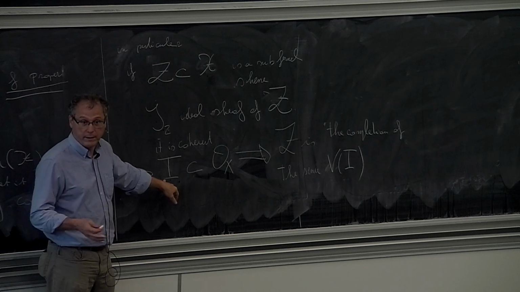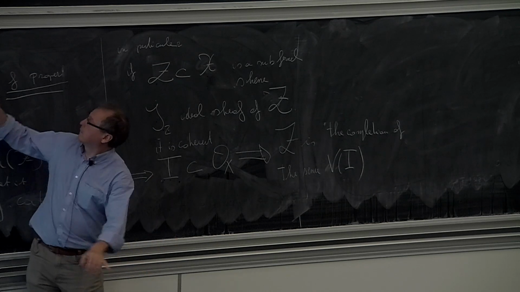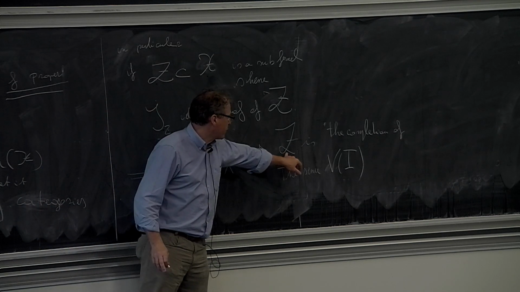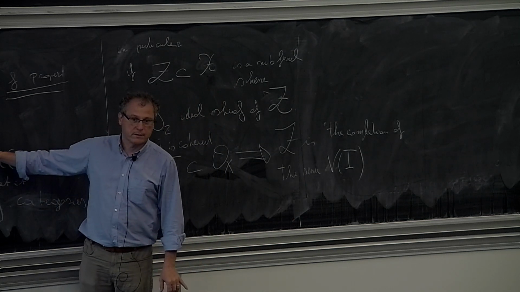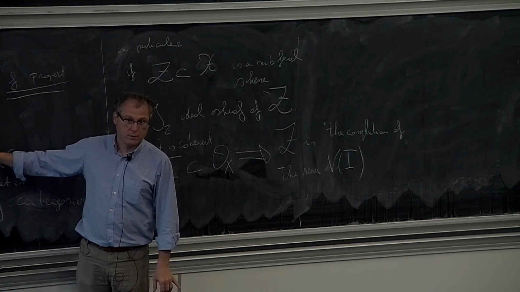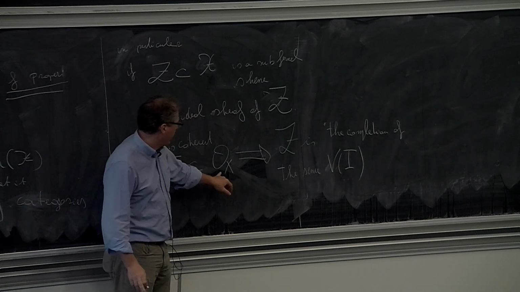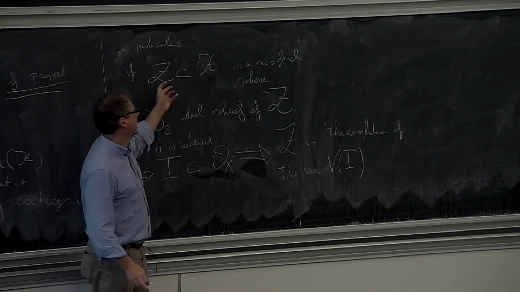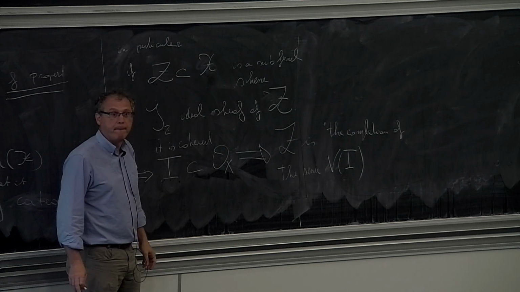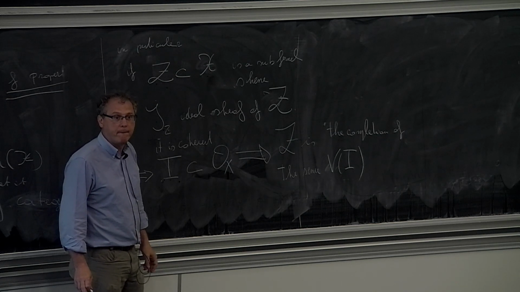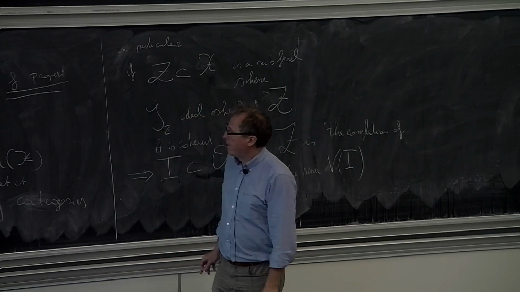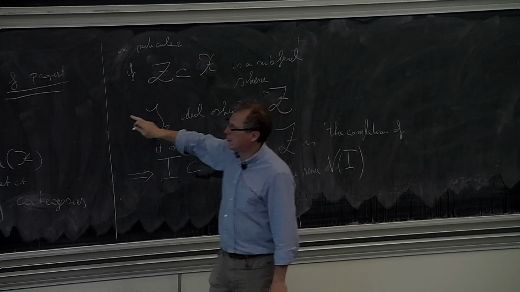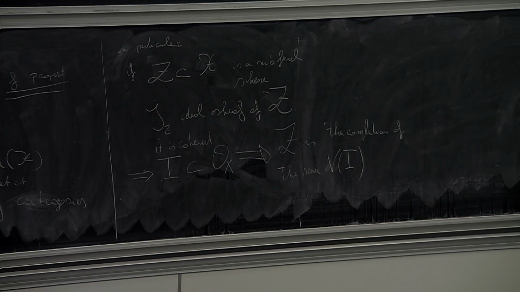And then you can check easily that under this condition, if you take the completion of Z with respect to the ideals coming from A, it gives you the formal scheme you started with. Is that what it means to be algebraic? Yes, this means that it is algebraic.